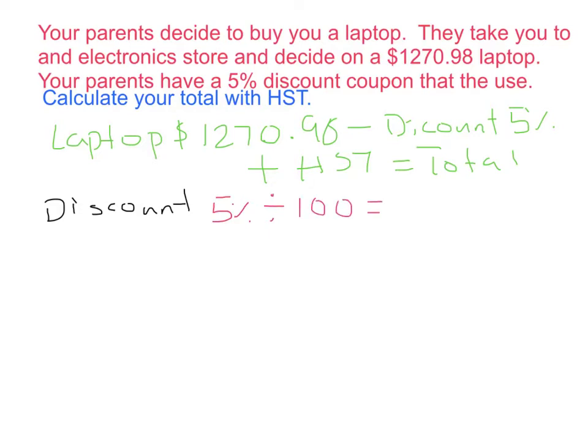When I divide my 5% by 100, I get 0.05. Again, I can't just take this number and subtract it. I have to find out how much of this number is part of this. So in order to do that, I take my amount for my laptop, and I multiply it by my discount.